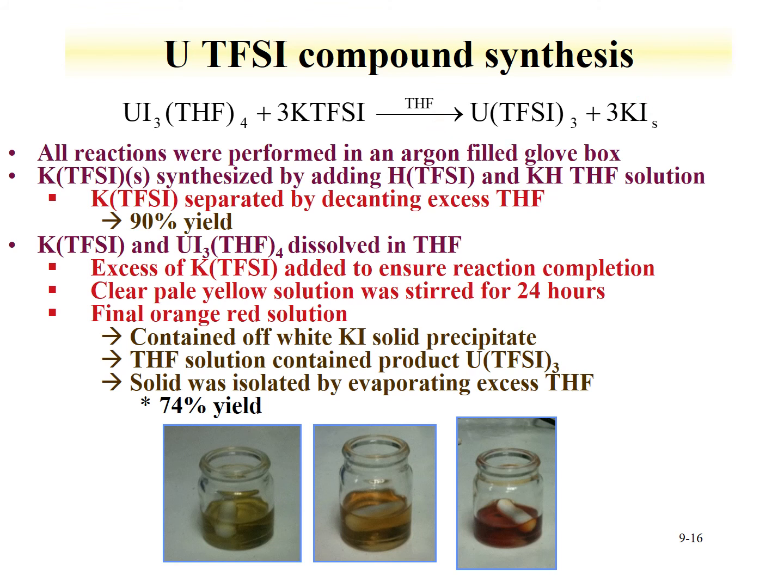Then you can isolate the solid of the uranium after the initial separation of the potassium salt by evaporating off the excess tetrahydrofuran. So then you have a product that can be added to the ionic liquid. As we see here, this ligand being part of the ionic liquid system, we should have a very soluble uranium compound.